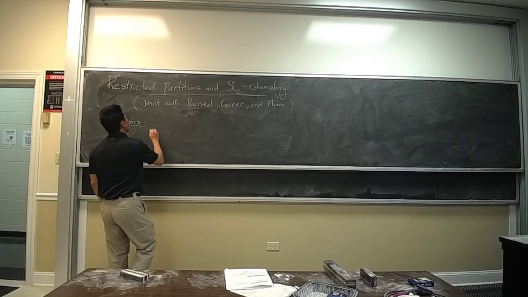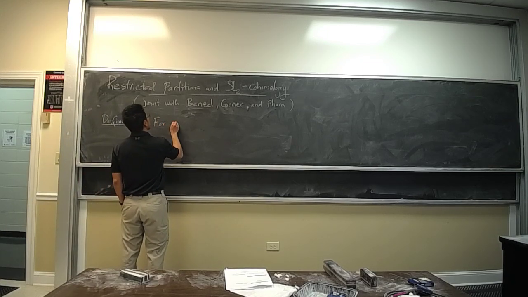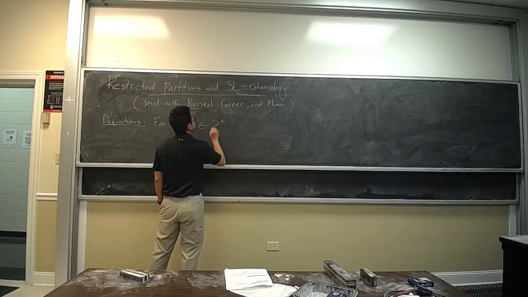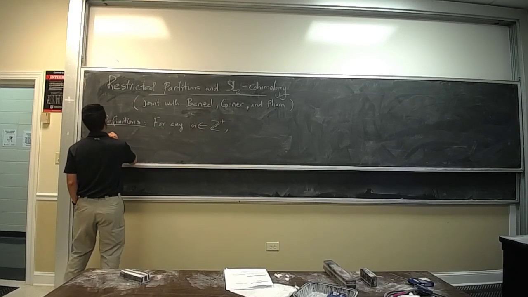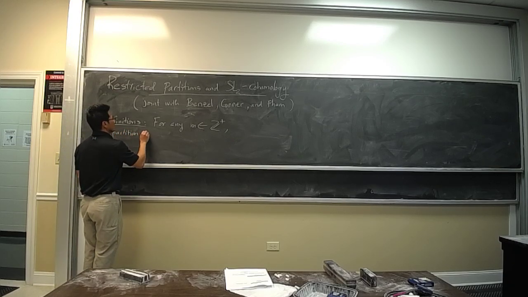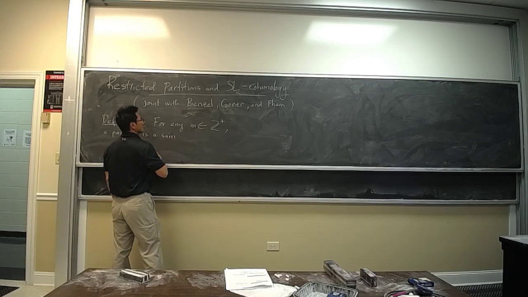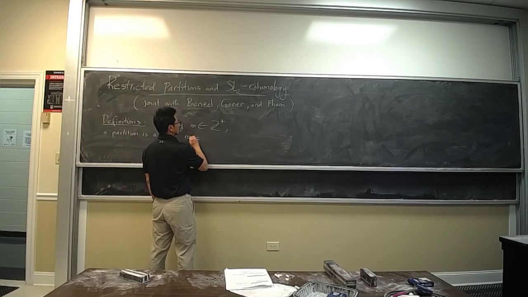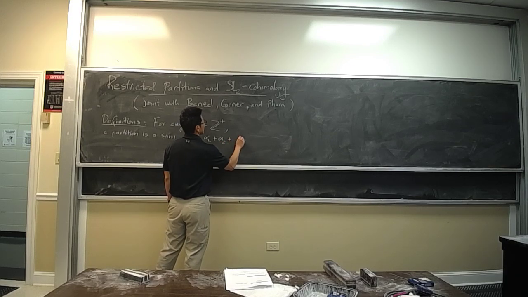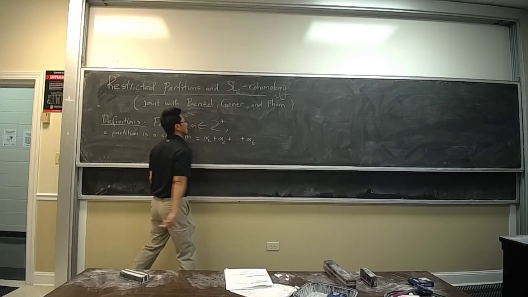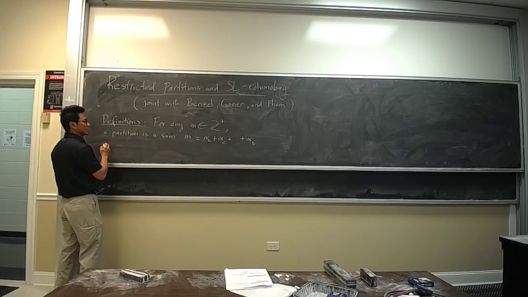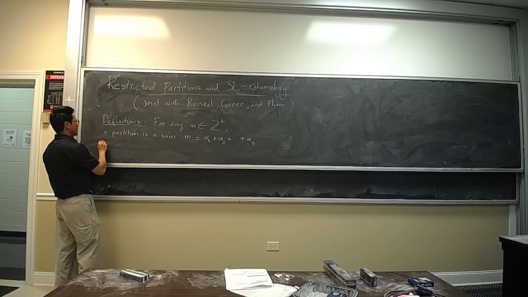That means for any integer m, a partition of m is a sum written as alpha 1 plus alpha 2 plus etc. to alpha t.